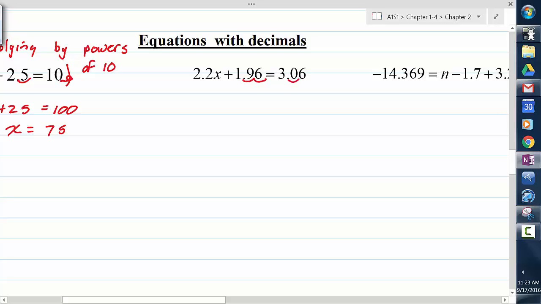And to jump my decimal place twice, I got to multiply by 100. That's going to jump this decimal place twice too. So I'll end up with 220x plus 196 equals 306.